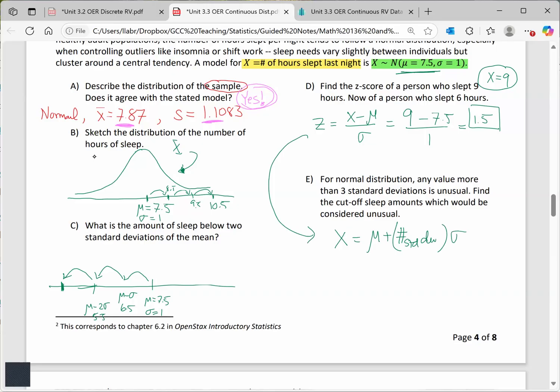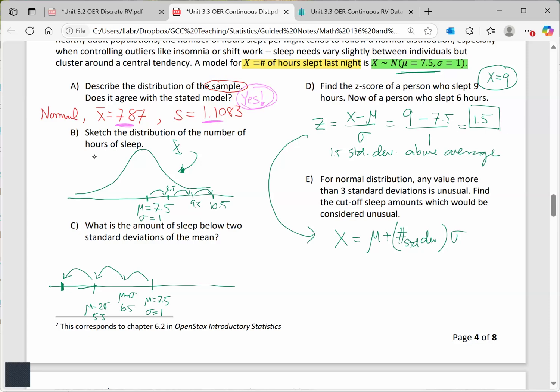And the number of standard deviations, remember, that was Z. So for part D, where we see Z is 1.5, that means that we are 1.5 standard deviations above average, or above the mean.